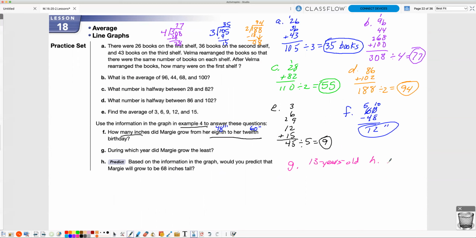For letter H, I would say probably not. Probably not, but it is possible. It's not impossible, but it's not probable. So I would say probably not is the best choice.